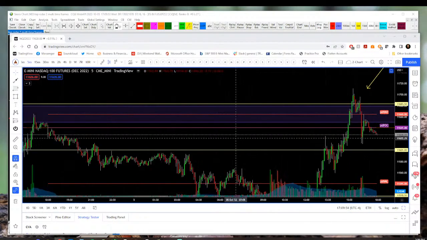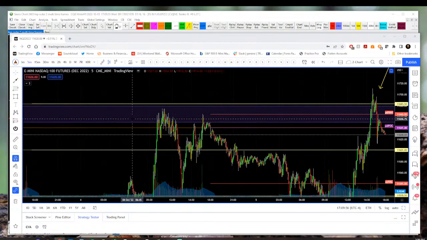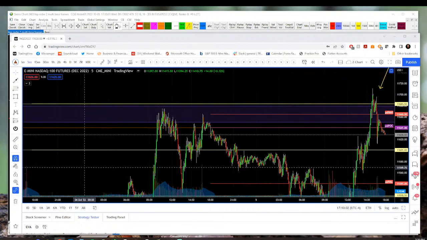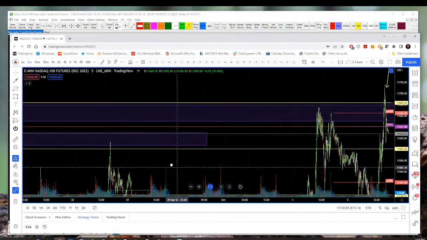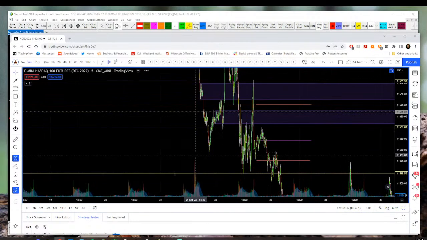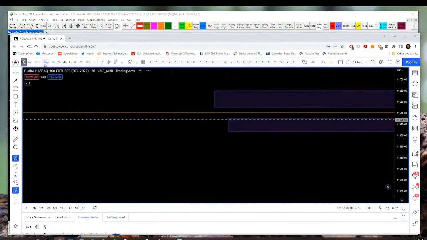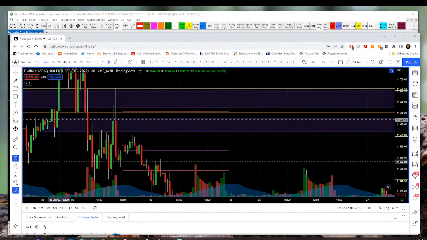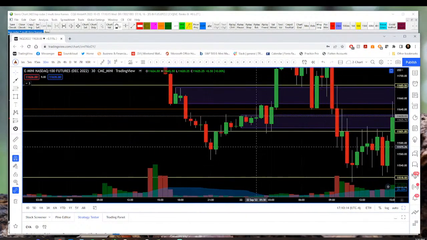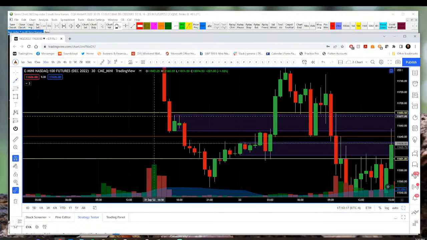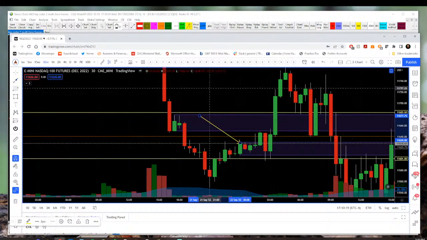In that video, I talk about how to build these purple rectangles, and I'll show you real quick. I usually do them on the 30-minute chart, but you can do them anywhere. With a regular candle, what you need is two consecutive candles.